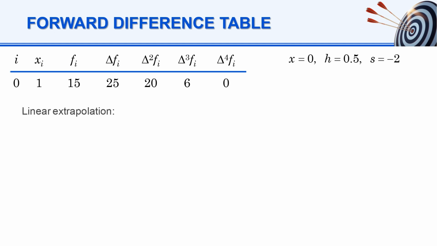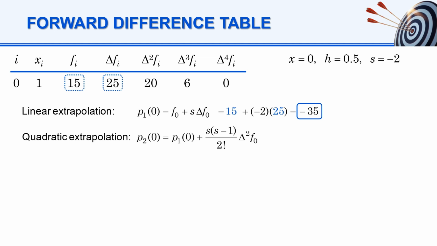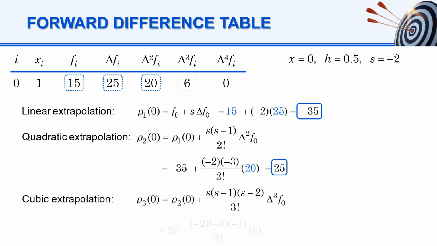The sum of the first two terms results in the linear extrapolation. The sum of the first extrapolated value with the third term of the interpolation formula leads to quadratic extrapolation, and the sum of the second extrapolated value with the fourth term yields the cubic extrapolation.